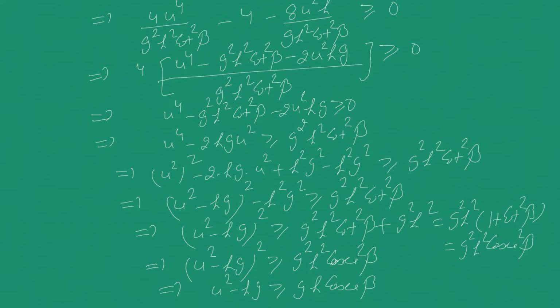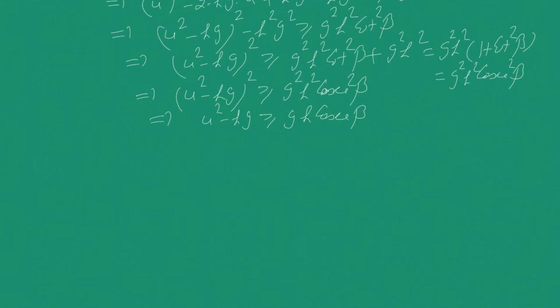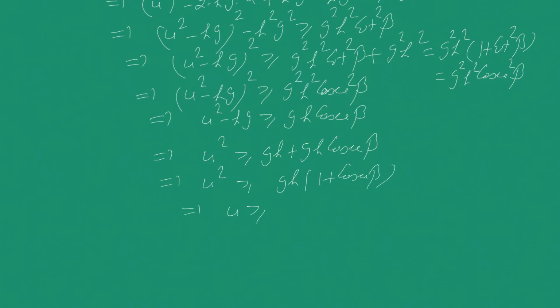This further implies that u square is greater than g h plus g h cosecant beta. This implies that u square is greater than g h times 1 plus cosecant beta. This implies that u is greater than the square root of g h times 1 plus cosecant beta.